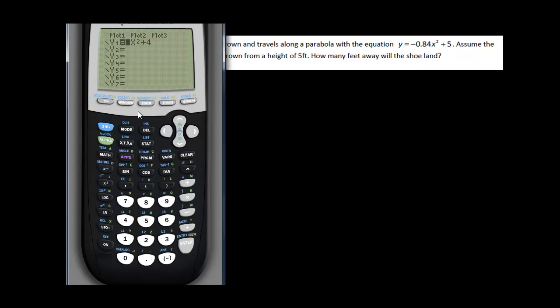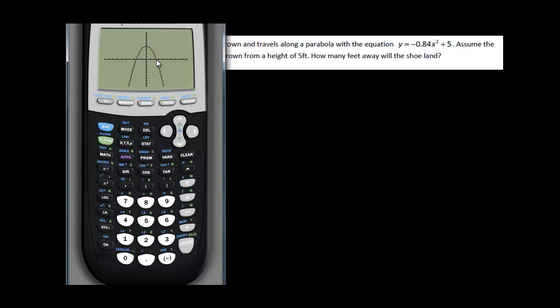Number 9, let's get the calculator out again. Clear out any equations that you might have had. A shoe is being thrown from a height of 5 feet, and there's your equation. So let's plot that. Negative 0.84x squared plus 5, graph. So this is where you're standing, 5 feet up, and you throw it and it goes all the way down and hits the ground here.